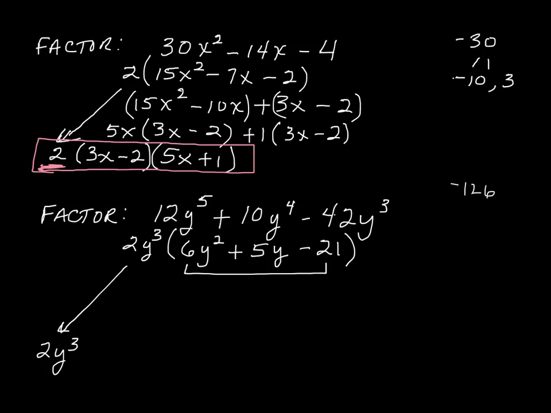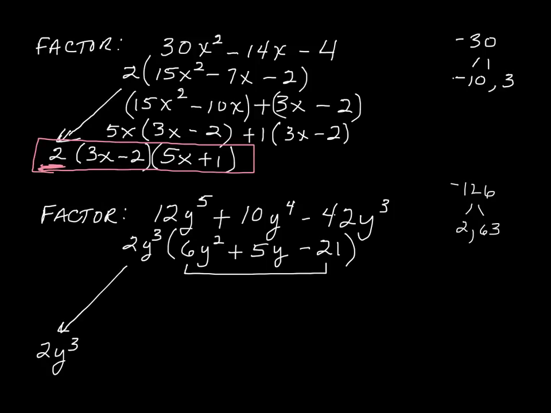So I need two numbers that multiply to negative 126 but add to 5. This one's going to take a minute. So let's try. We know it's not going to be 126 and 1. It's not going to be 2 and anything. Well, 126 divided by 2 is 63. Will that multiply or add, I'm sorry, any kind of way to give us a 5? Well, no.